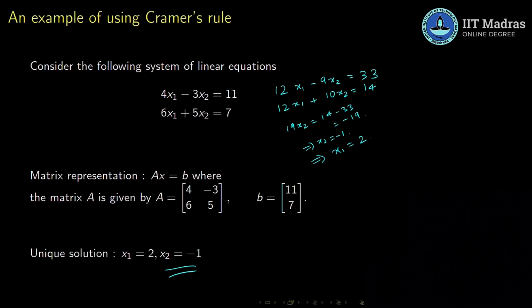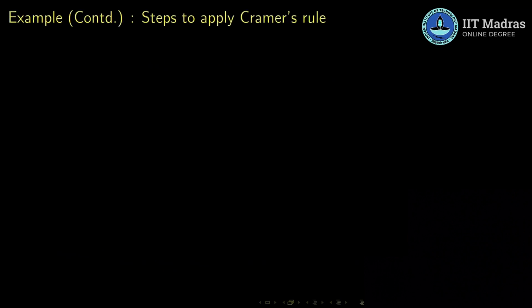Now let us do something slightly different and reinterpret this using determinants. Here is the same example and here is how we will apply Cramer's rule. We look at the coefficient matrix A, that was 4, minus 3, 6 and 5.